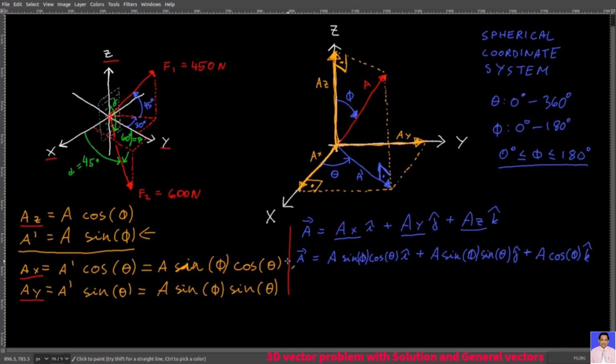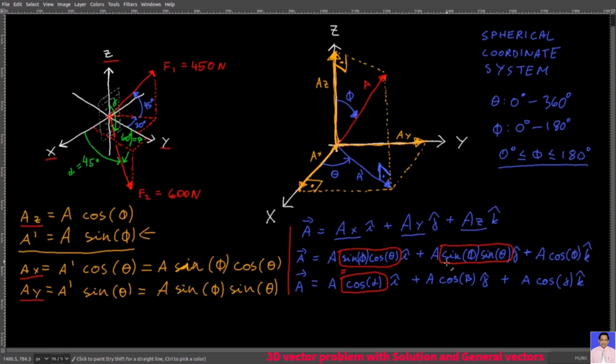But remember, in the previous video, when we worked with our coordinate direction angles, then A vector also equals A times cosine alpha times I plus A times cosine beta times J plus A times cosine gamma times K. And so that means that this thing here equals this thing here.